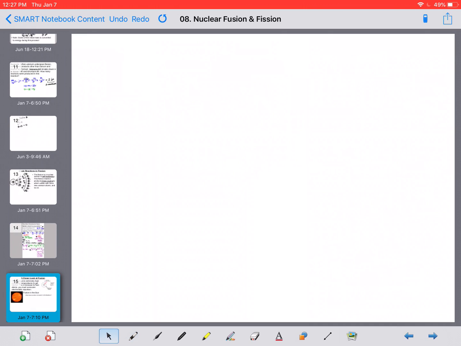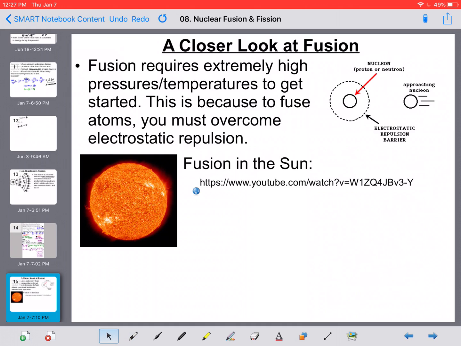All right, now we just have to take a bit of a closer look at fusion. Remember I said earlier, fusion requires extremely high pressures and temperatures to get started. And I had said that this was because when you want to fuse atoms, you have to overcome electrostatic repulsion.